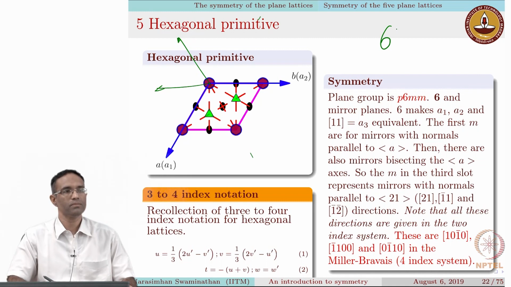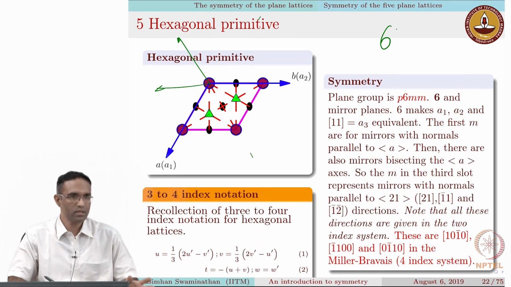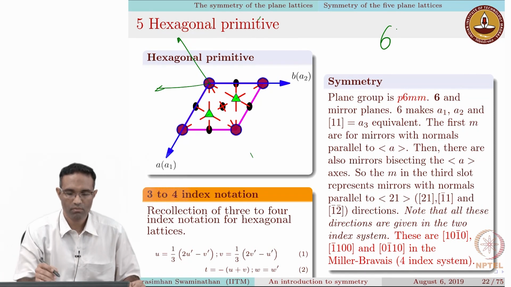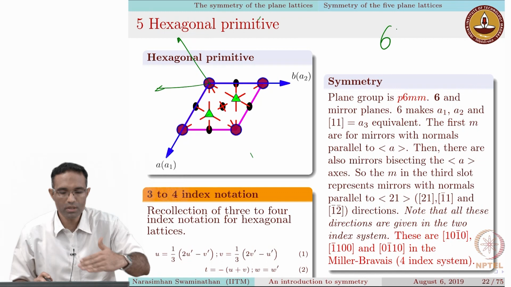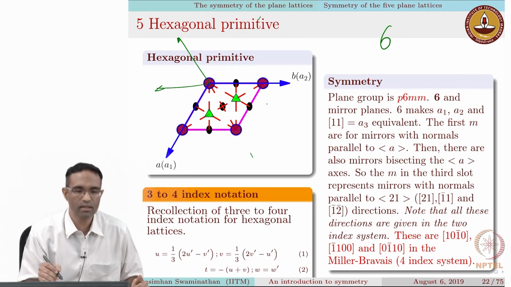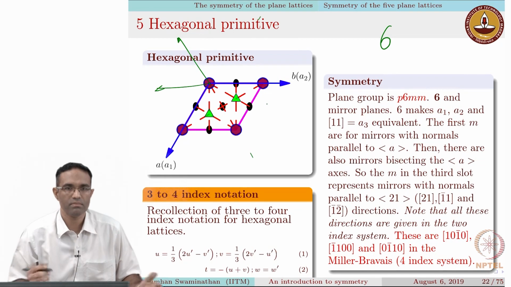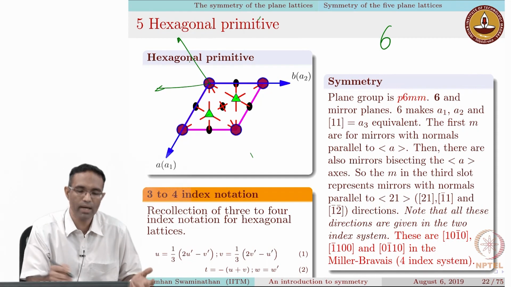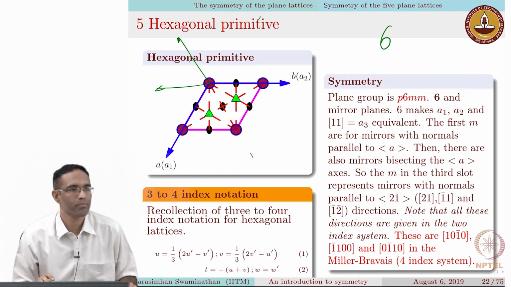In addition to that, you have mirrors, which you can easily notice. There are mirrors with normals as the A and the B axis, or any equivalent A, B axis, right?